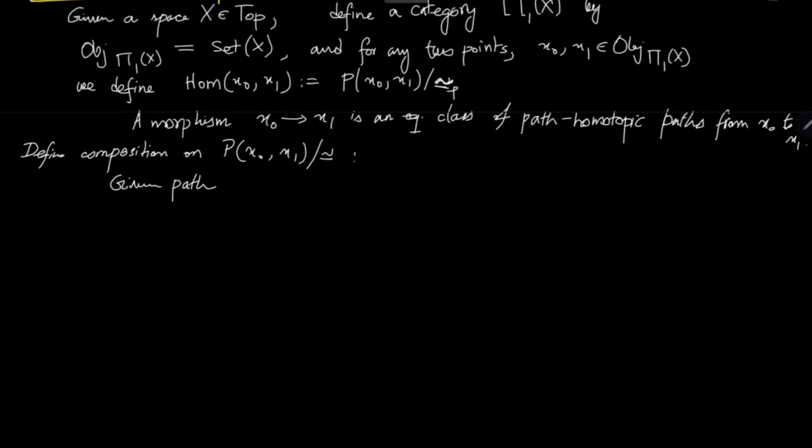Actually, define composition on this category: given a path P from x0 to x1, and another path Q from x1 to x2.